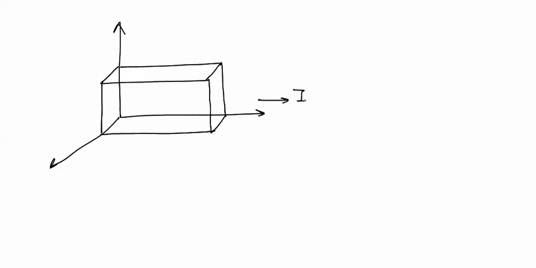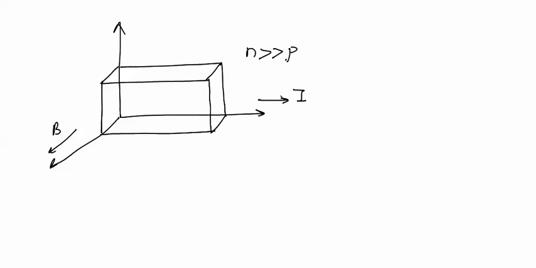Again, current is flowing in this direction and magnetic field is applied in this direction. In N-type semiconductor, the electron concentration is much greater than hole concentration.